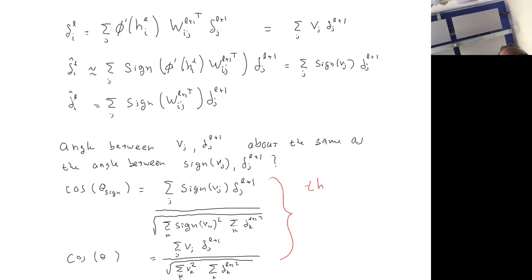I must have made a mistake. Explain why next time. Yeah, my plan I can see isn't going to work. It's not so surprising, right? The sign and the value.